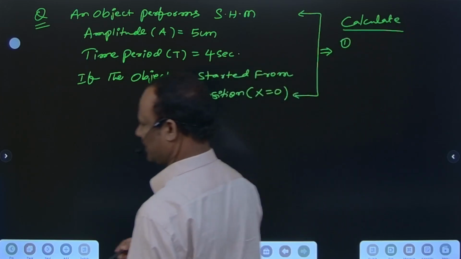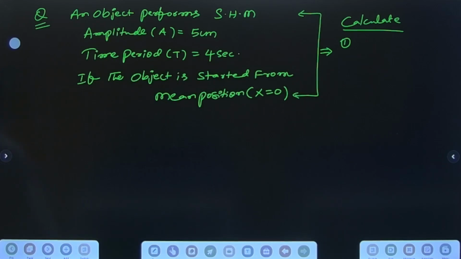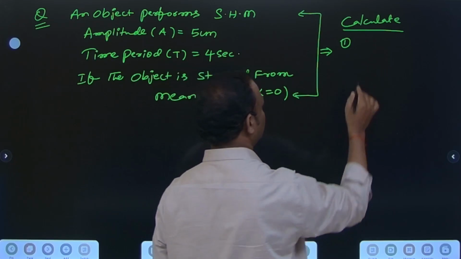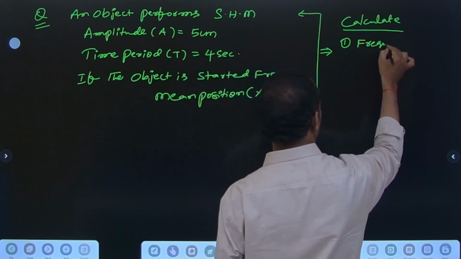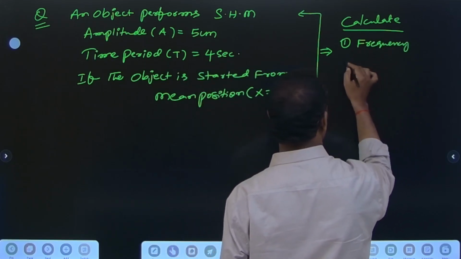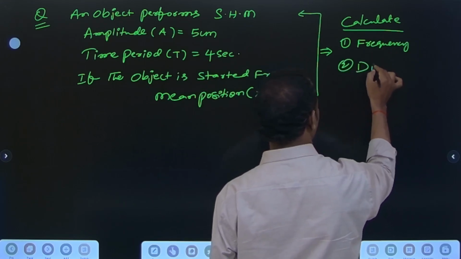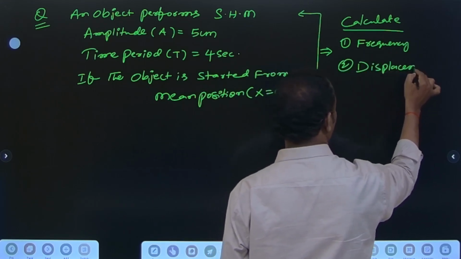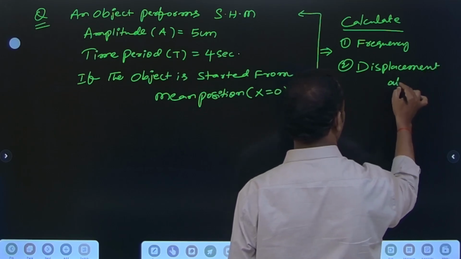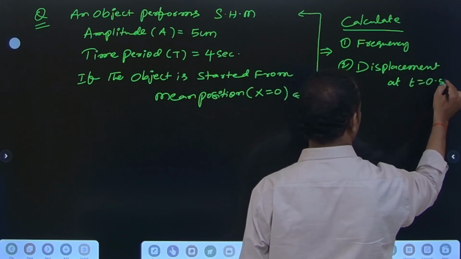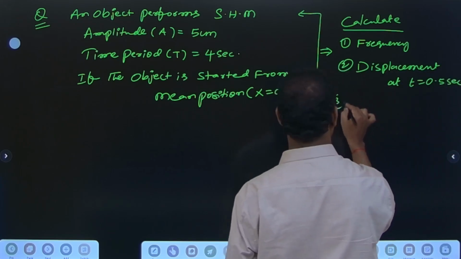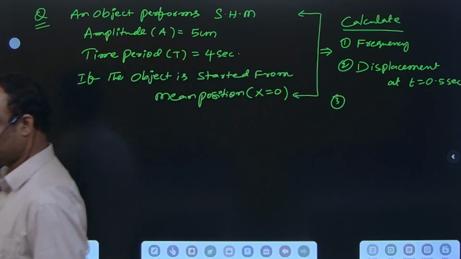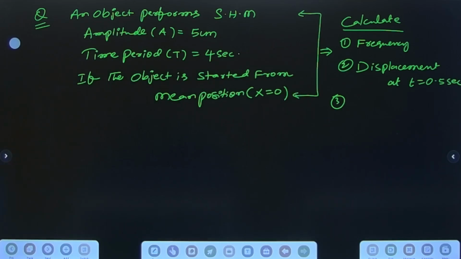You can take them one by one. First, calculate the frequency of oscillation. Second, the displacement at t equal to 0.5 seconds. Next, the maximum acceleration.